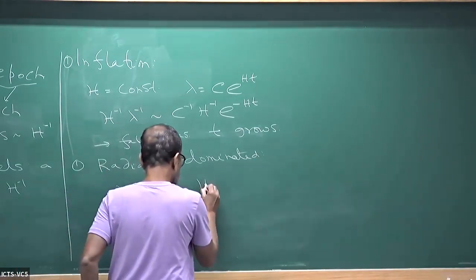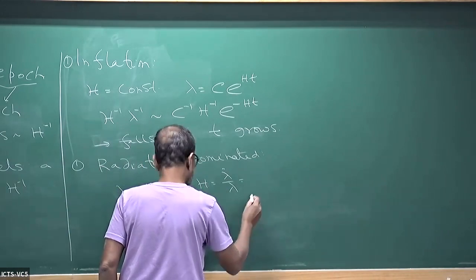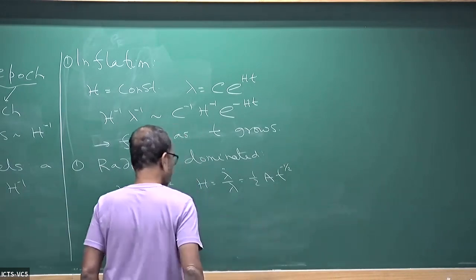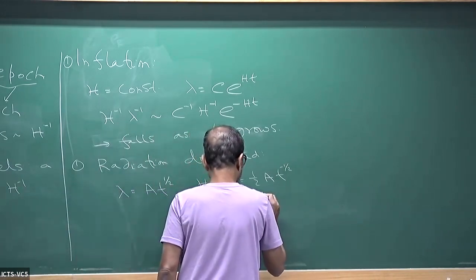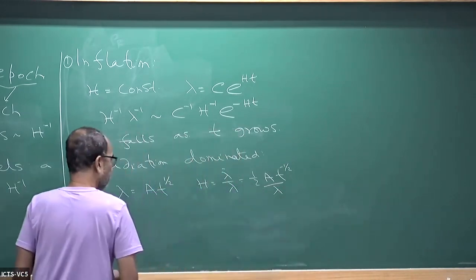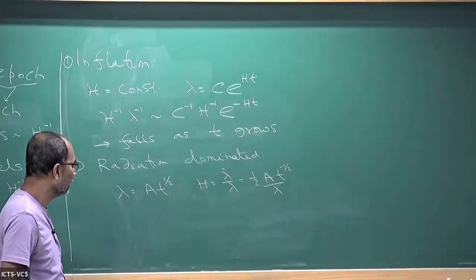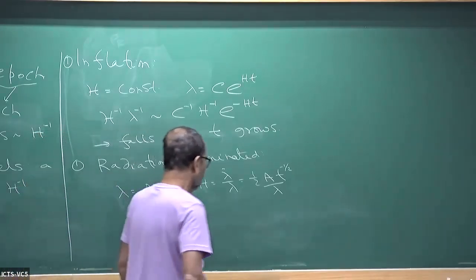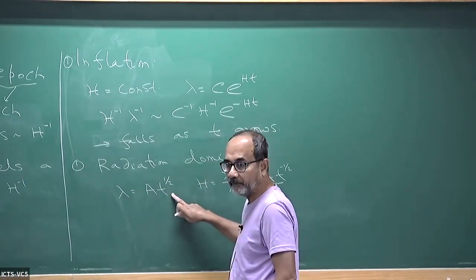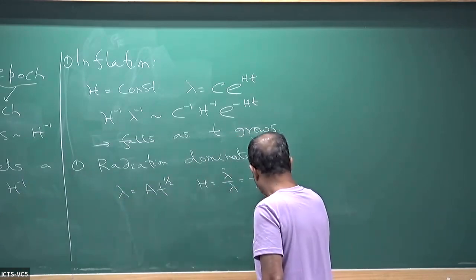So h, which is lambda dot over lambda, is half a t to the minus half over lambda. Sorry, lambda grows as a t to the half, and I have divided by lambda.